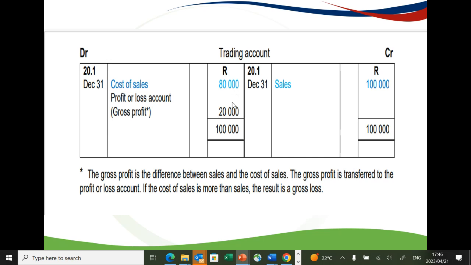That 20 goes to where? Because the trading account is also a temporary account, it can't have a balance carried down. So it's closed off to where? To your profit or loss account. So we've made a gross profit here of 20,000. You can see here that the trading account is debited by 20,000, and your profit or loss account is credited by 20,000.